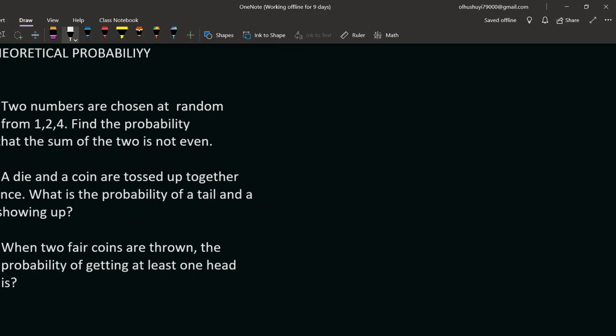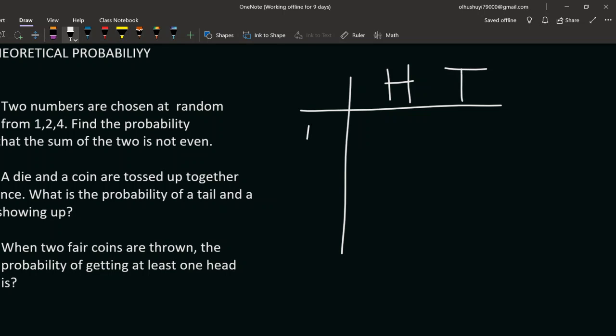If a fair coin is thrown, a coin will always have an outcome of either head or tail.